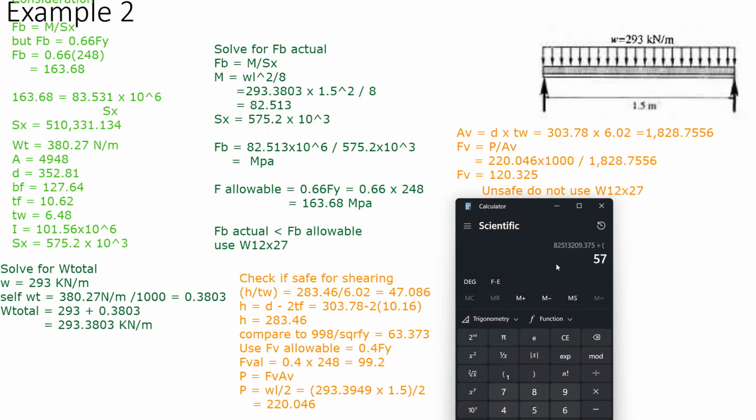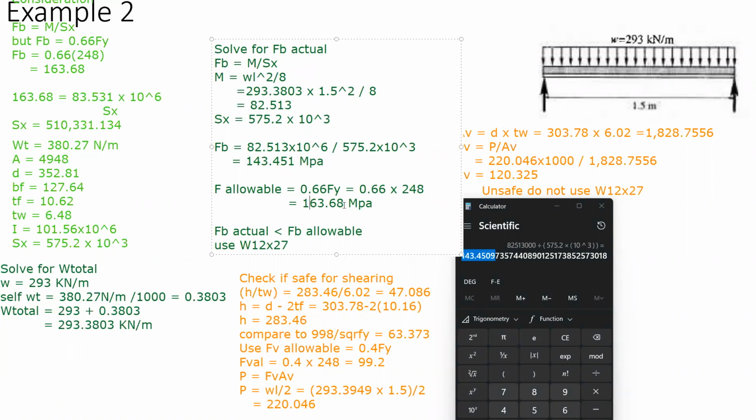Divided by 575.2 times 10 raised to 3. 143.451 megapascal.